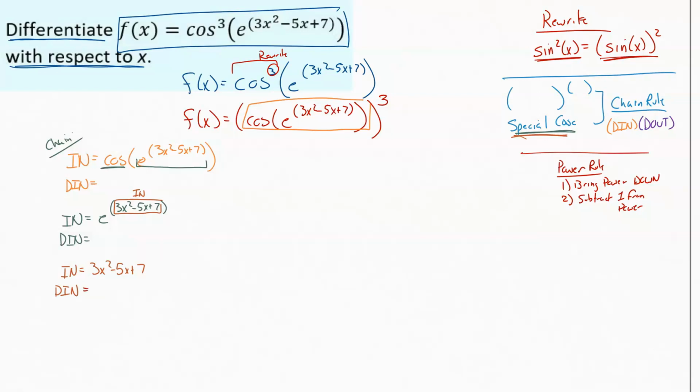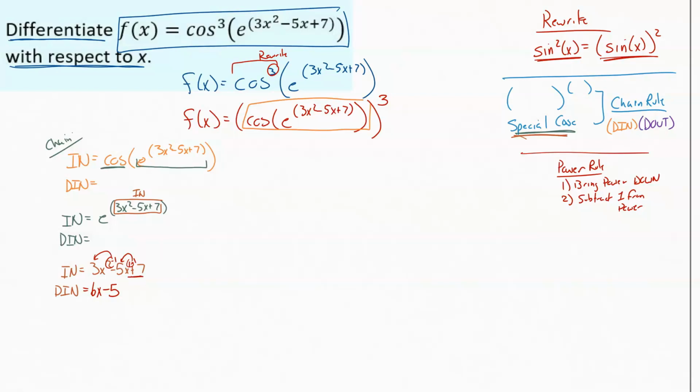So the derivative of this piece, bringing our power down, bring that 2 down. 2 times 3 gets us 6x. Subtract 1 from the power gets us x to the first. We've got an unwritten 1 on that x. We bring that down, 1 times negative 5 gets us negative 5. Subtracting 1 from the power, x to the 0 power, anything to the 0 power is 1, so 1 times negative 5 just gets us negative 5.